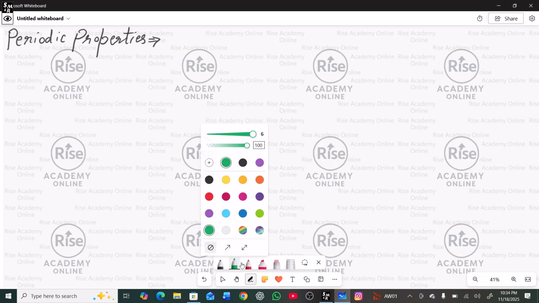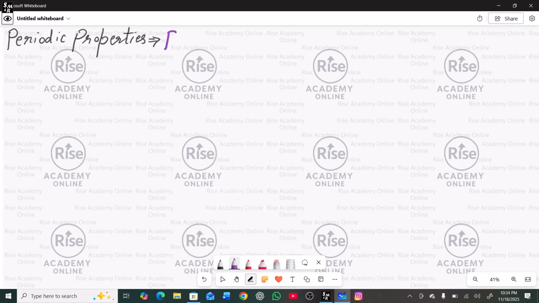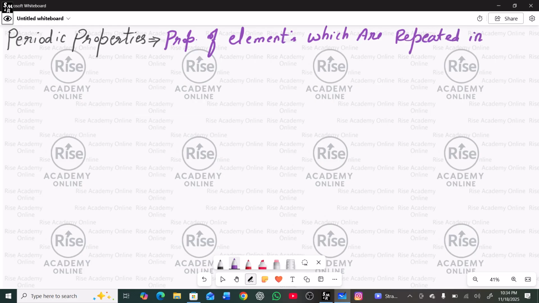Actually periodic properties are properties of elements which are repeated in a periodic table in a specific pattern.